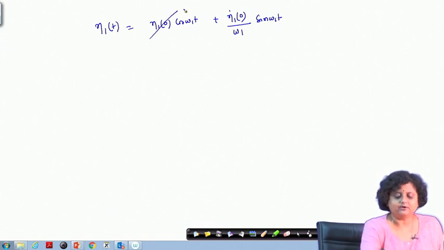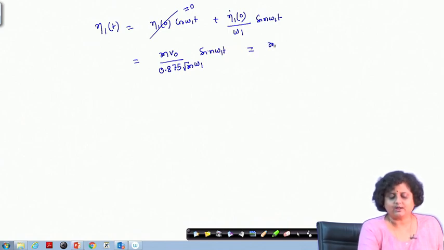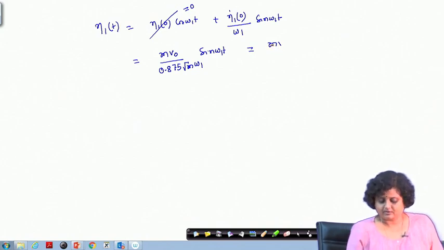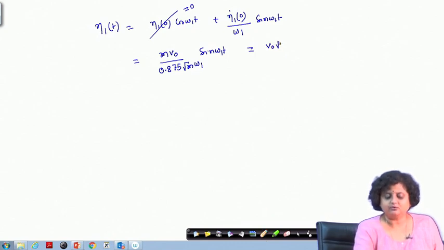Out of that, the first term is equal to 0, and this is going to give me m v 0 by 0.875 root over m by omega 1 into sin omega 1 t. So, that is equal to v 0 into root over m by 0.875 omega 1 sin omega 1 t.